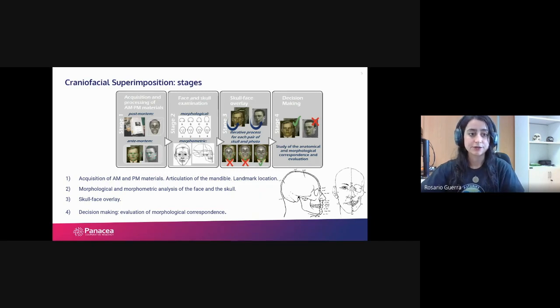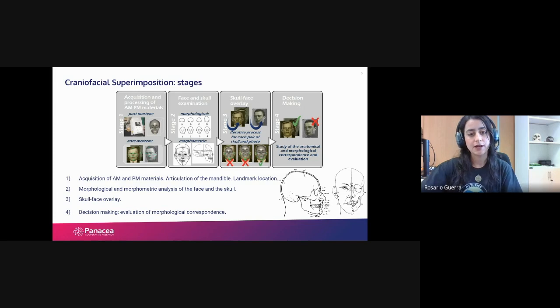It's good practice to obtain the cranium and the mandible models separately, so that we can then articulate them and replicate the occlusion that the person had in life. And then, in Skeleton-ID, this means that we could compare with different apertures of the mouth. And apart from articulating the mandible, another part of the pre-processing would be placing some anthropometric landmarks in our antemortem and postmortem materials for comparison.